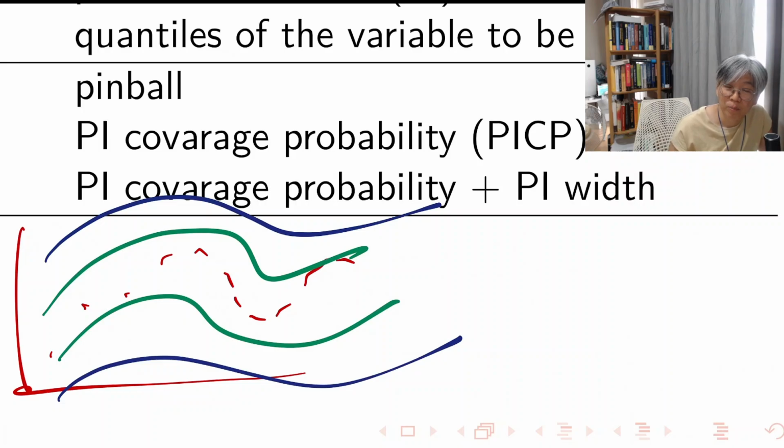Both PIs can cover most of your actual values, but the blue PI is much wider. Is it good or bad to have a wider width? You guarantee something with the same probability, but your guarantee region is much wider, so your information has more uncertainty. That's why a narrow PI width is typically preferred.